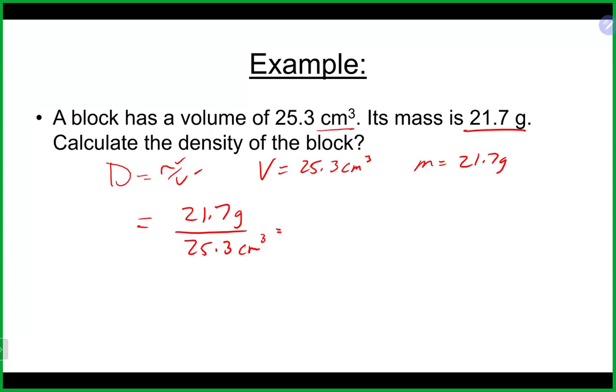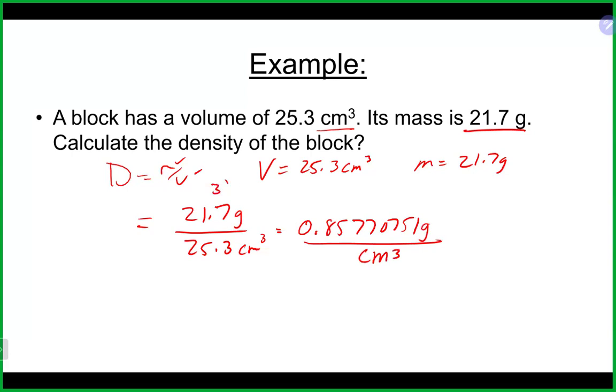That's going to get us 21.7 divided by 25.3. Guess it would help to actually put the whole number in there. There we go. That's going to give us on our calculator 0.8577071. The units are grams per cubic centimeter, as they do not cancel. We do need to look at significant figures here, right? We're dividing.